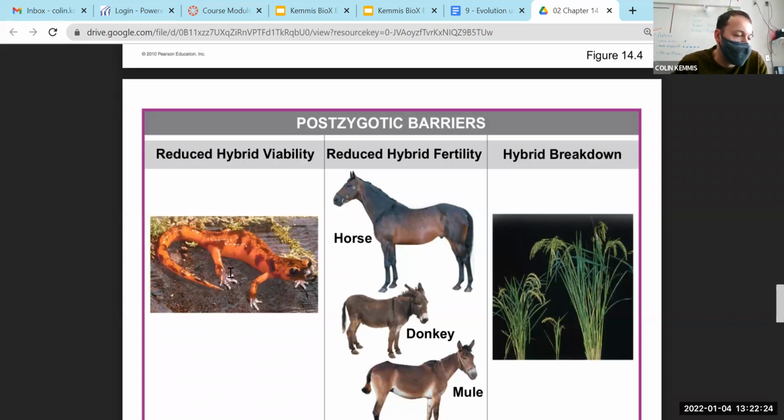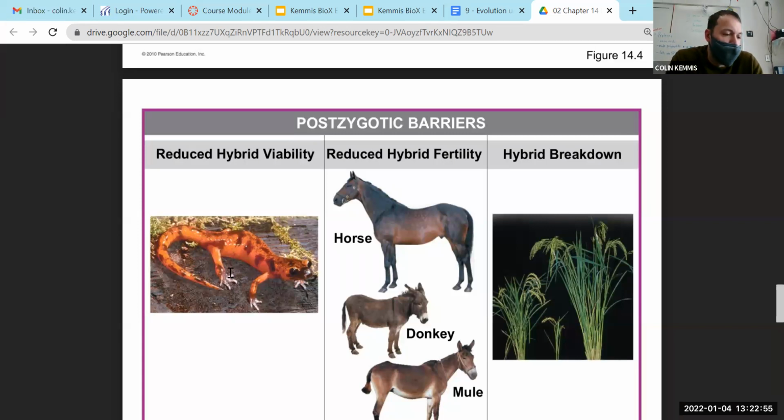And then for horses, if you cross a donkey and a horse, you get a mule. Well, you can't take two mules and have them mate and get a baby mule. They're not fertile. You'd have to go back and get a horse and a donkey and mate them together. So when the offspring of the hybrid can't have babies, it's called reduced hybrid fertility.